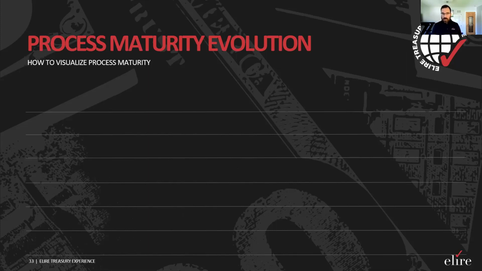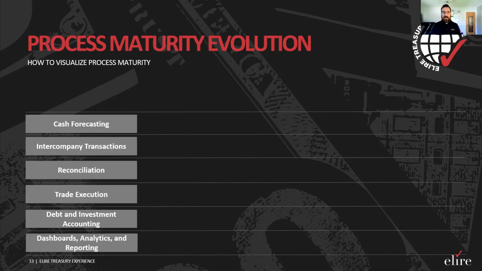Once we've identified all the treasury processes that we want to look at, and maybe we've done some level of internal analysis, maybe there's been some kind of engagement where a current state analysis was required, and so you have a project that identifies all your current processes, once you've done that, you can lay that out.